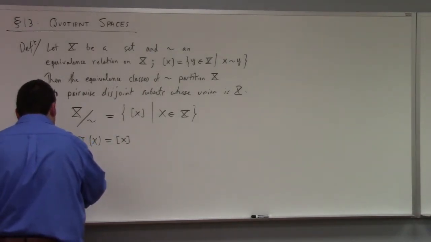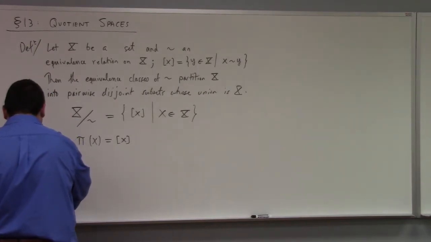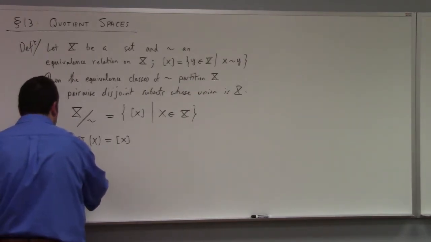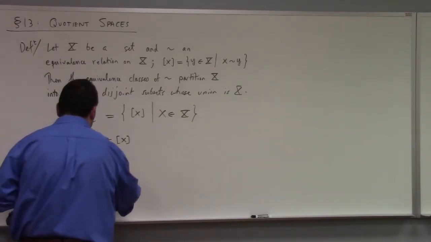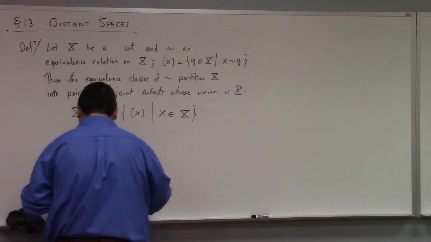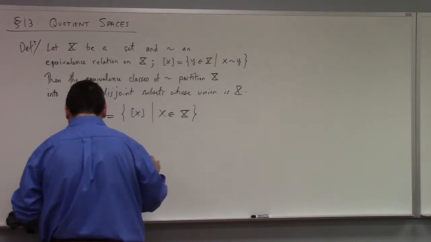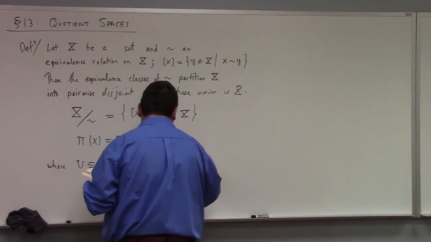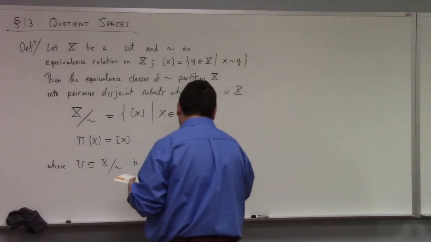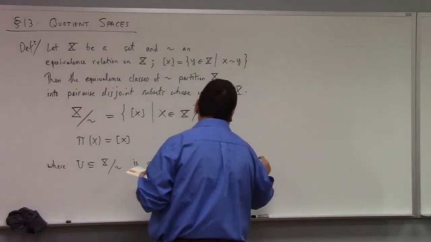He says U, a subset of X mod tilde, is open if the inverse image under the natural map pi is open in X.